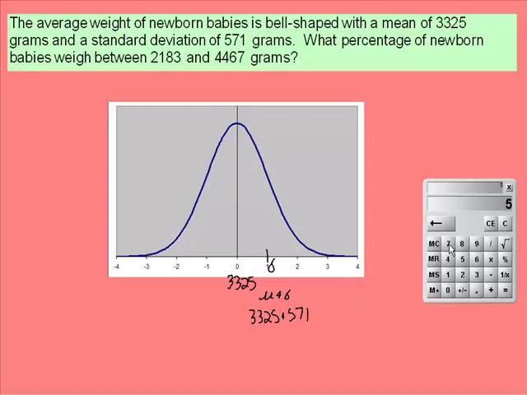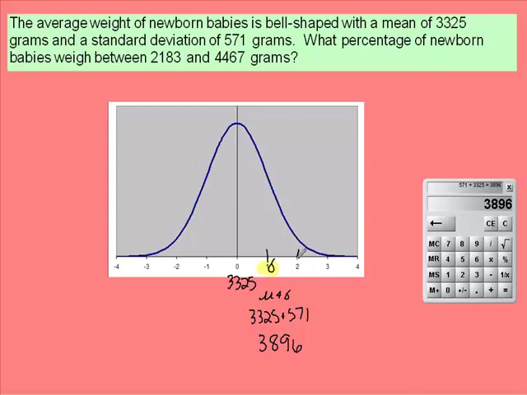Rusty trusty calculator tells me 571 plus that 3,325 gives me a 1 sigma limit, as it's properly called, because we have 1 and a sigma, 1 sigma limit. Very creative, I know. Sorry I didn't come up with it myself.